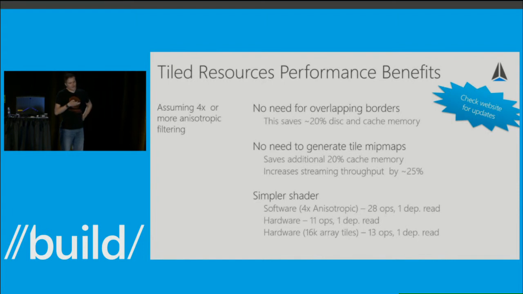In the case of hardware virtual texturing, even with the trick I described, where we use an extra indirection texture to make sure that the level gets clamped to the highest resident one, we still only need 11 operations to do a texture lookup. So that's a really big gain. It's almost a third of the shader instructions. We haven't done any very detailed measurements, but this is definitely going to be a win in a real life shader.